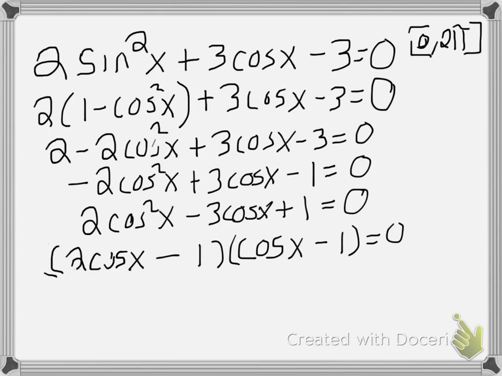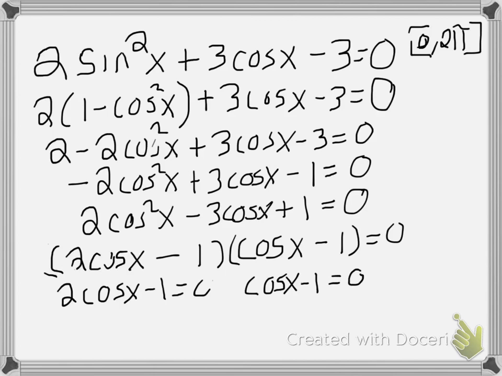So I finished factoring. I got 2 cosine of x minus 1 times cosine of x minus 1, and now it's just back to what we know. So we get 2 cosine of x minus 1 equals 0, and we've got cosine of x minus 1 equals 0 again.